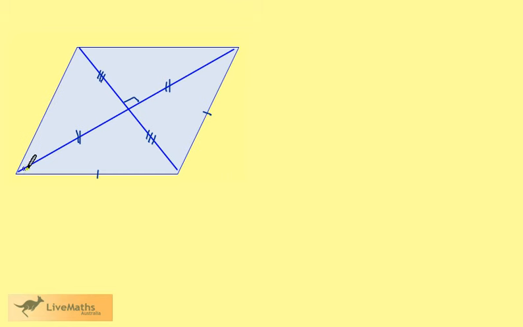Now let's suppose that the length of this diagonal is A, and the length of this diagonal is B. We can see that this diagonal is cutting the rhombus into two congruent triangles.